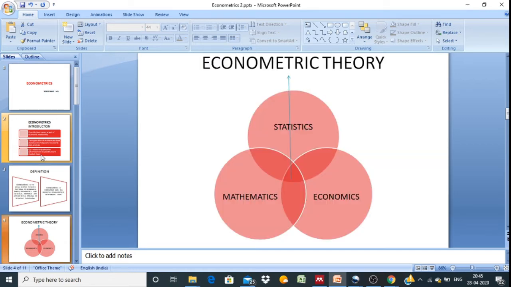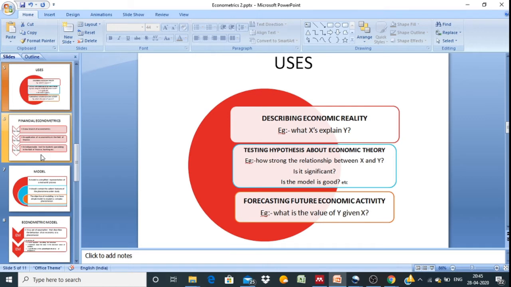That is, it is a combination of mathematics, statistics, and economics. And these three subjects paved the way for the development of econometric theories and econometric models.